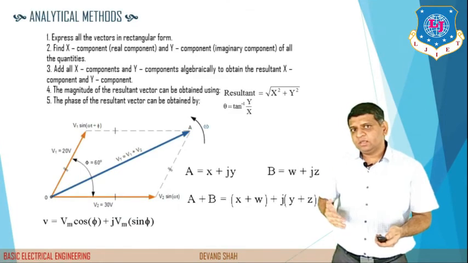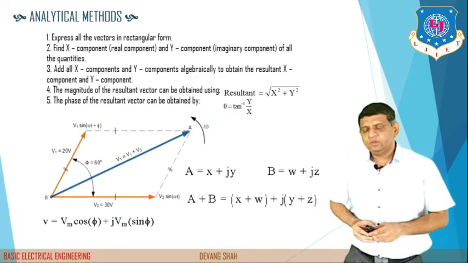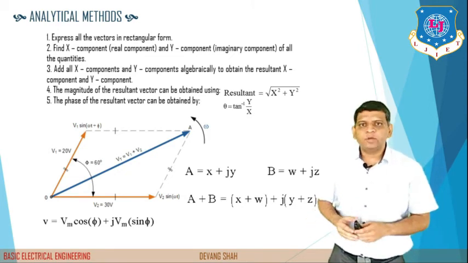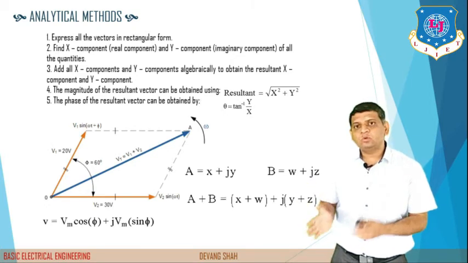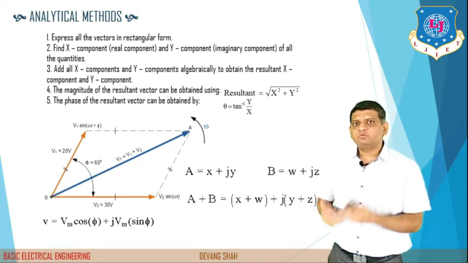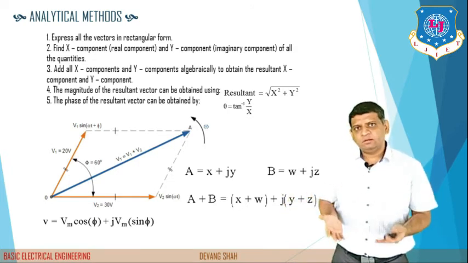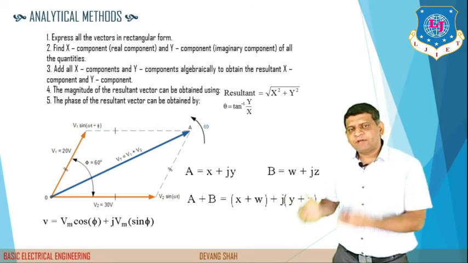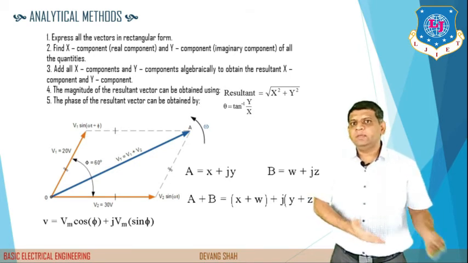Now the same thing, if you want to take it as an analytical method, you can see here you have a total of two components, the x-axis component and the y-axis component. So if you have any particular equation like I is equal to Im sin(omega t plus theta), then my first job is to find the x component and y component. The x component I can find from x is equal to Im cos theta, and the y component I can find as y is equal to Im sin theta.